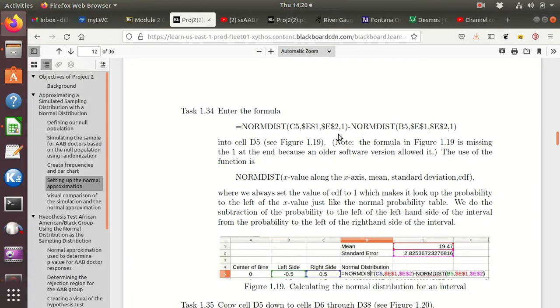Now I need to get the probability of a normal distribution being between those two spots inside that interval, from minus 0.5 to 0.5 here.